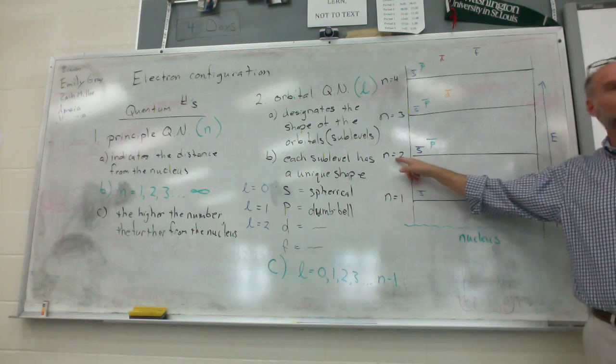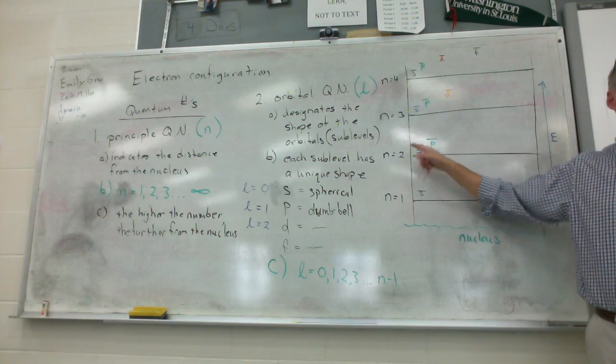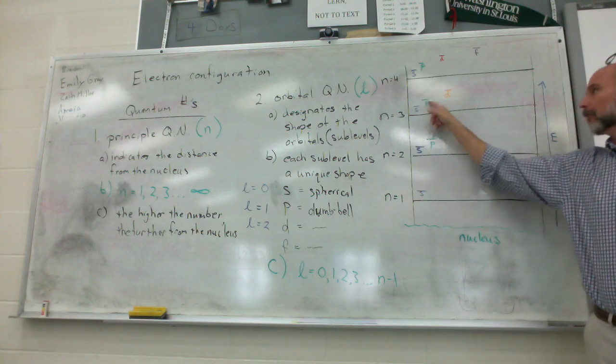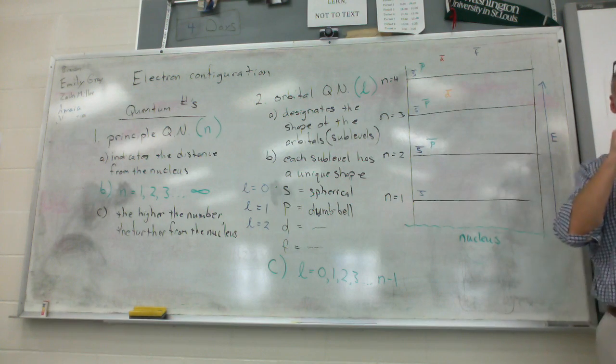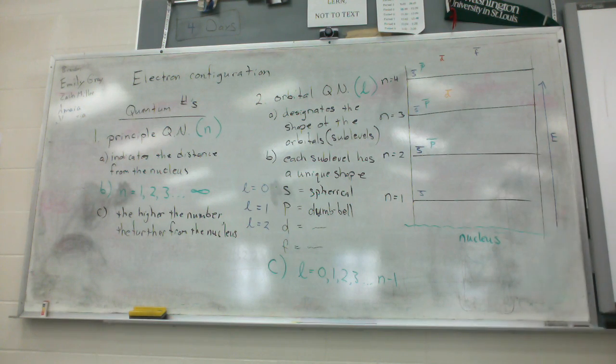At n equals 2, how many differently shaped orbitals? See where I'm going with that? So the value n not only tells you which energy level, but how many differently shaped sublevels are going to be available. So far, so good. I'm not making this up.